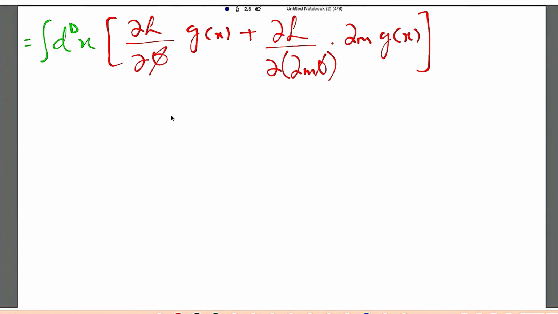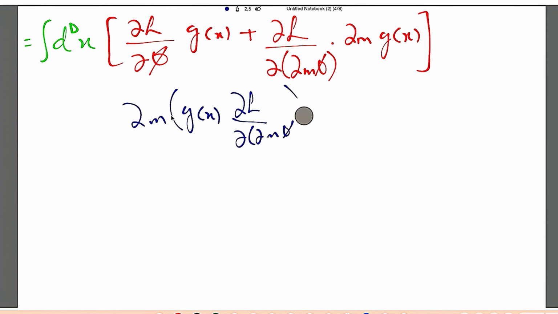So this is the simplification so far, and now what we are going to use is this property for this g of x, an arbitrary field, that it vanishes at the boundary, and for all those fields that vanish at the boundary, they satisfy this condition that the derivative of this field equals 0 if it satisfies the boundary condition.